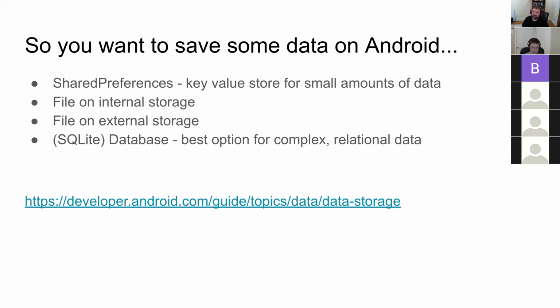Then you have flat file options, either on internal or external storage. But if you need a database for any kind of complex relational data, what ships off the shelf, in the shrink wrap of Android, is a SQLite database.